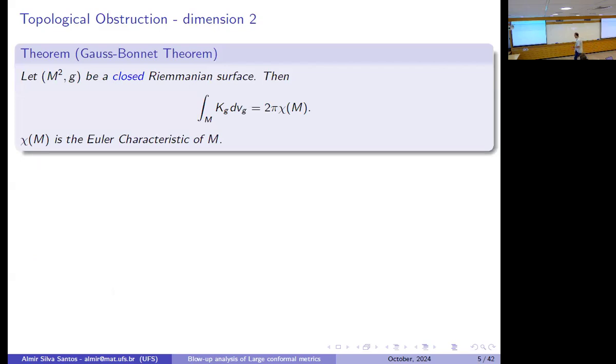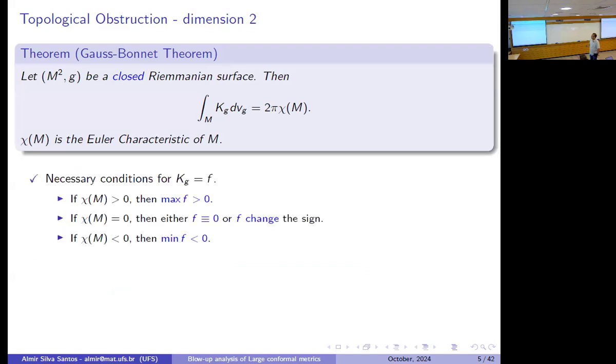So there is a strong relation between the topology and this problem. In dimension 2, we have the well-known Gauss-Bonnet theorem that gives us some conditions. In dimension 2, the integral of the Gaussian curvature is a multiple of the Euler characteristic.